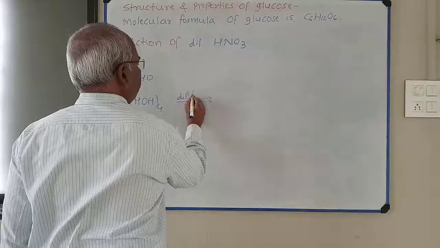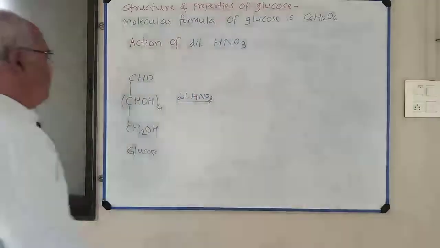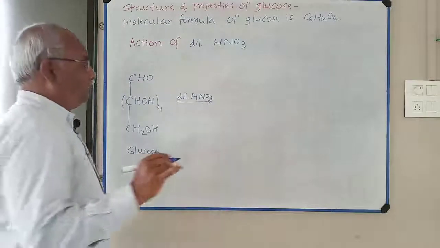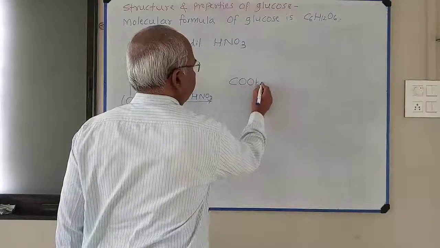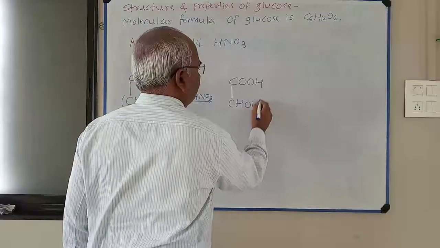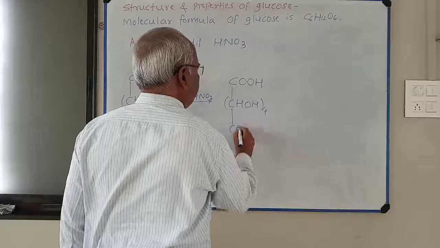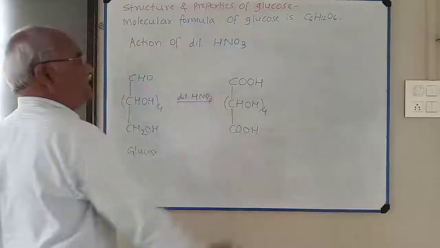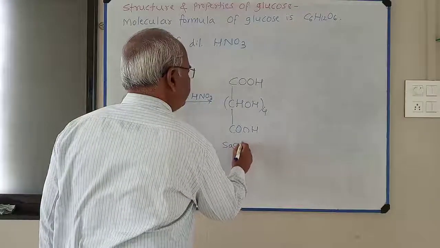When glucose is treated with dilute nitric acid, a strong oxidizing agent, it is converted to COOH, (CHOH)4, COOH. A dicarboxylic acid is produced.